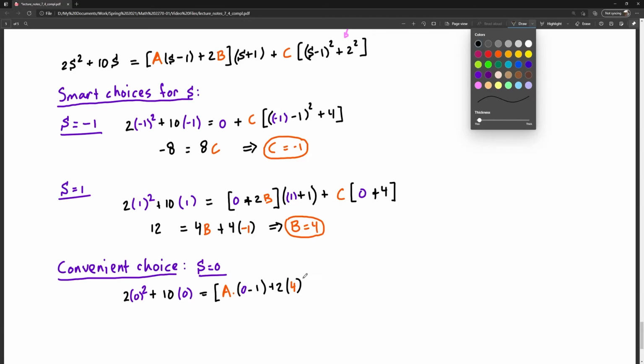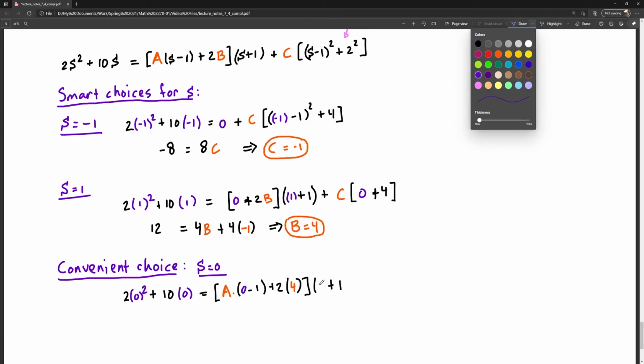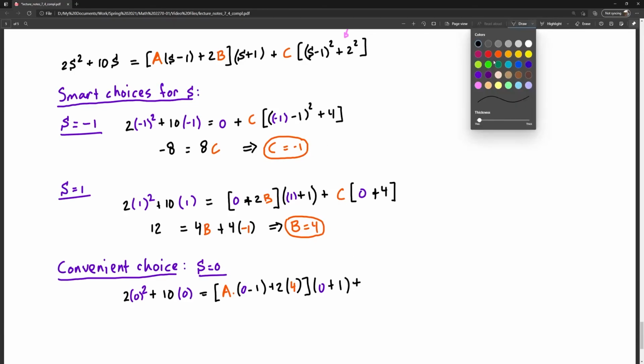And then the other part is we have s plus 1, so that is 0 plus 1. And then we have plus c, and c is -1.